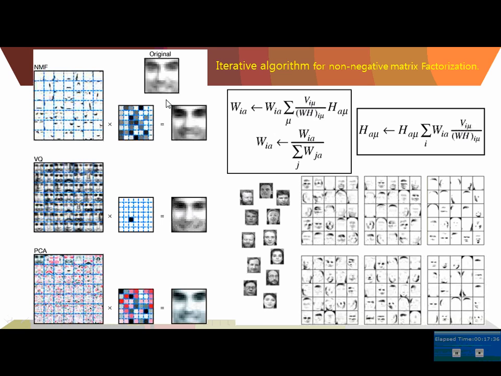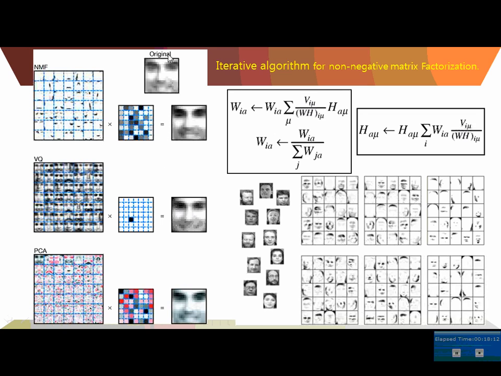This figure shows it. Suppose we have the original image like this. Then this original image can be factored with non-negative matrices, this and this. Or we can use principal component analysis to keep this information. But as you can easily expect, we only deal with non-negative matrices here, so we can save lots of time and money in the computation.